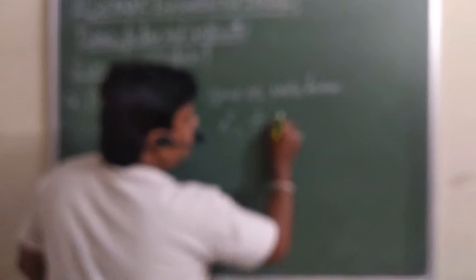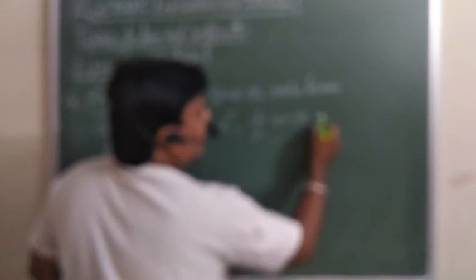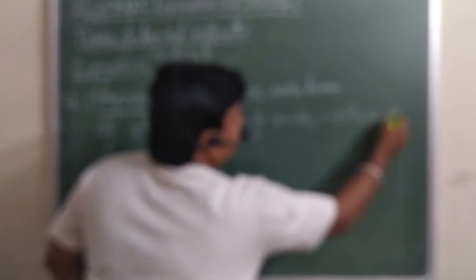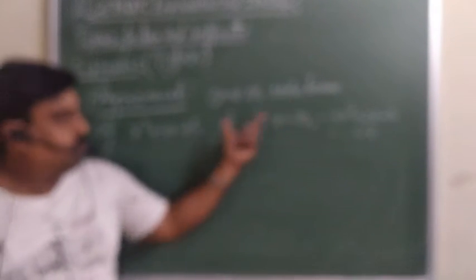For example, x square plus 5x plus 6 is a polynomial. And x square is also a polynomial. 1 over 2x minus 10 is also a polynomial. Minus 3x square plus 2x minus 10. These all are the polynomials. So to become a polynomial, there should be one or more than one term.